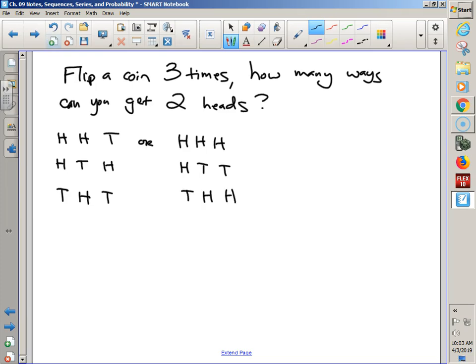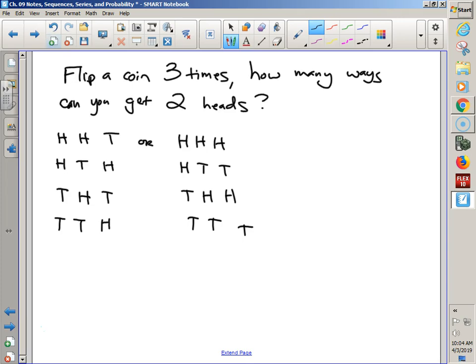I'm doing the same thing here. What if my beginning changes and I get a tails instead, right? Then I could get a heads next, and then either a tails or a heads. But then what else could happen? I start with a tails and I get a tails next. Then I only have 2 options for the last one, right?